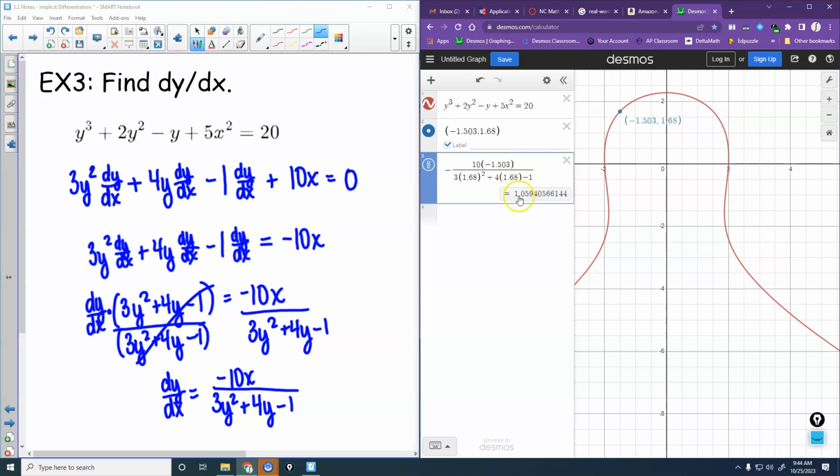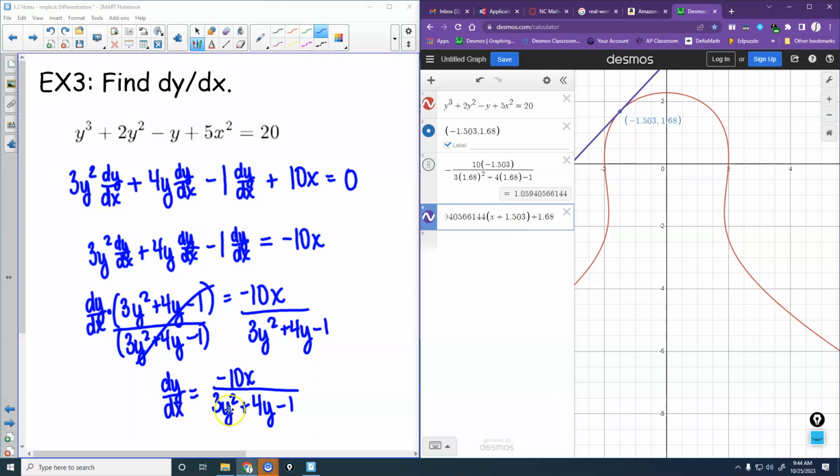There's my slope of my tangent line. So if I want to draw in the tangent line here, I could do y equals 1.0594 times x plus 1.503 plus 1.68, and there's my slope of my tangent line, right?